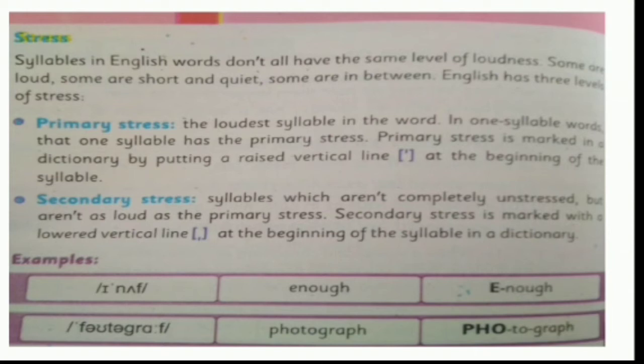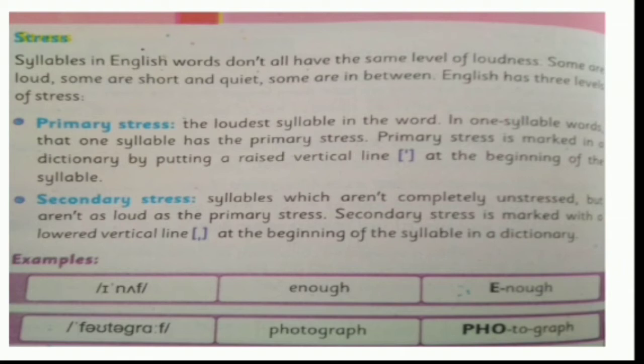A word can only have one stress. In a very long word, you can have a secondary stress, but it's always a much smaller stress. A word can have only a single stress.